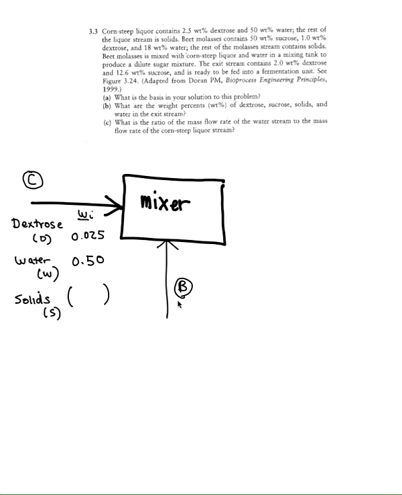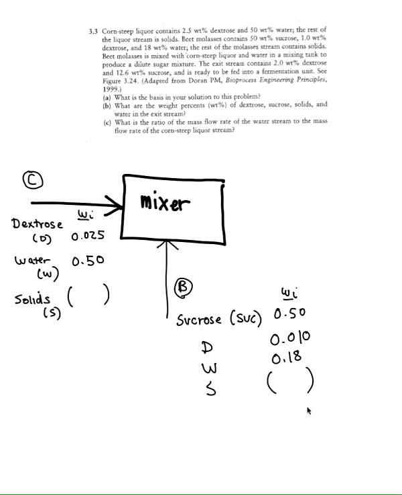And that stream contains sucrose, which I'm going to call SUC, and it contains 50% by weight sucrose, and then we have dextrose, 1%, and water, 18%, and the rest of it is solids. So we can figure out how much that is later as well.